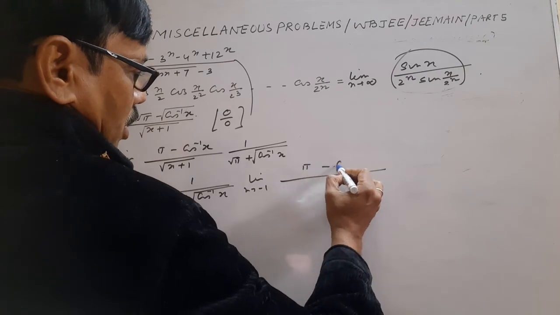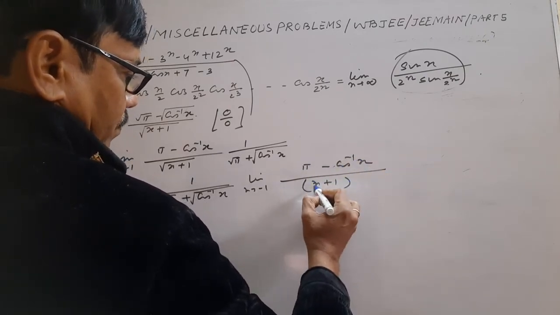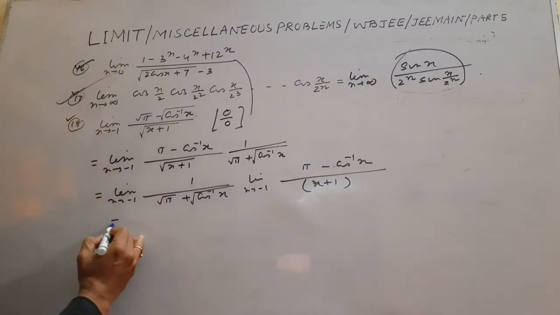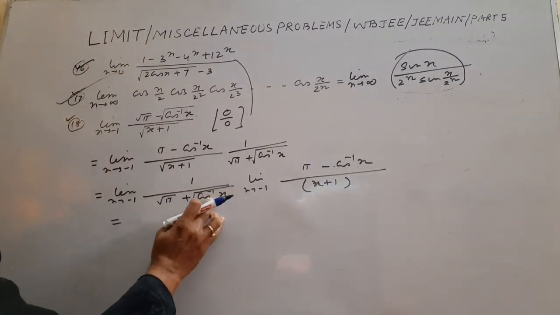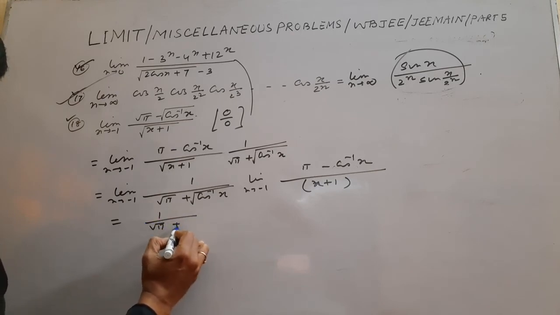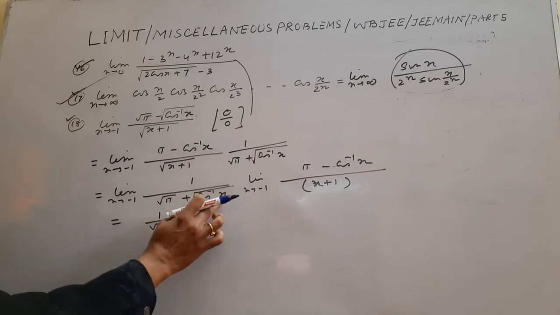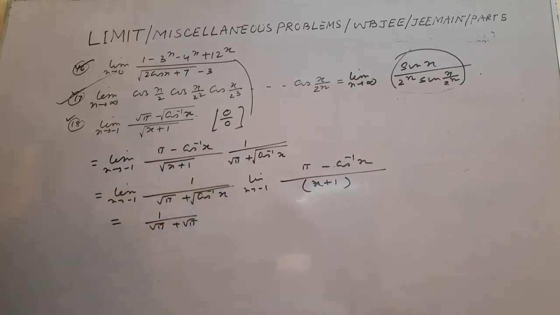So pi minus cos inverse x over x plus 1. So 1 by root pi plus root pi; I have already discussed that cos inverse minus 1 is pi.